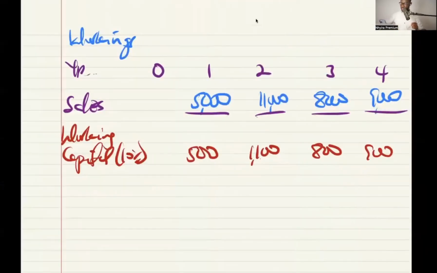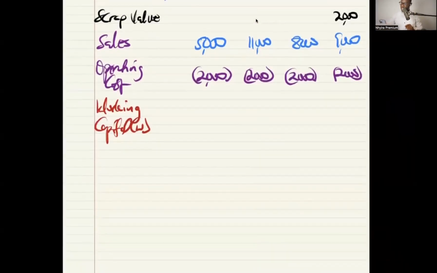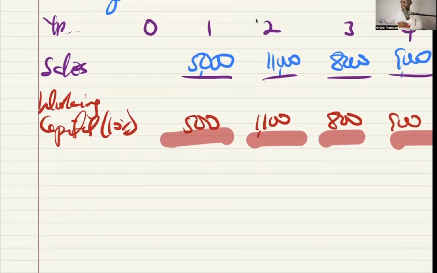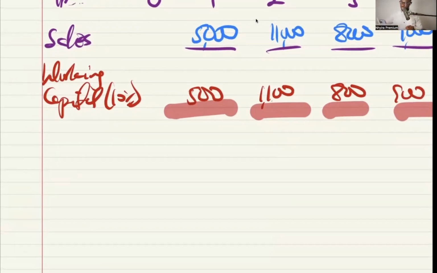So if I come back to my workings here, although my working capital are these respectively, these are not the figures I'm going to put here. So I have to work for the incremental working capital.